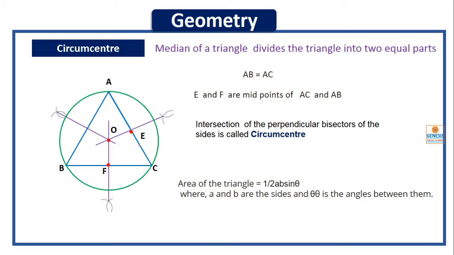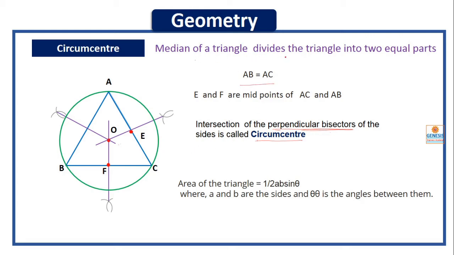We can also draw a circle passing through the vertices of the triangle. We call it a circumcircle, and the center we call a circumcentre, and it is the intersection of perpendicular bisectors. Angle bisectors give the incentre, perpendicular bisectors give the circumcentre.